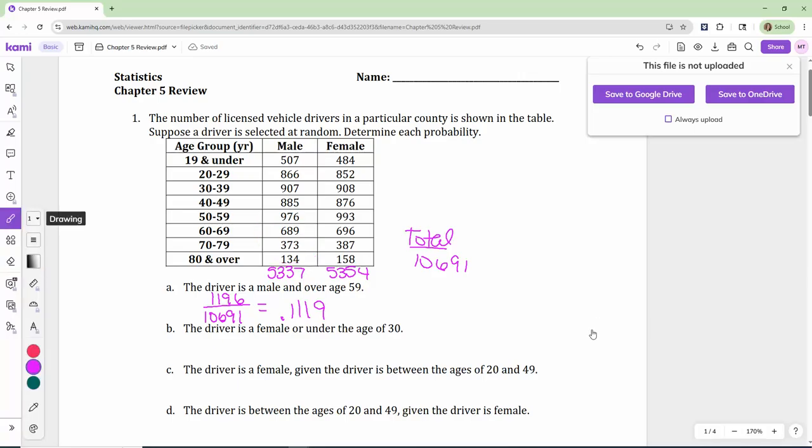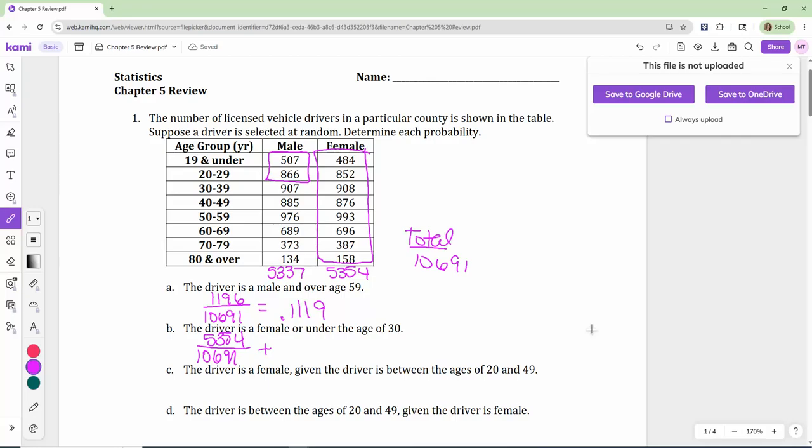Okay. B, the driver is female or under the age of 30. So females, how many females do we have? Or means add. How many do we have under the age of 30? So I could add up everybody, or could we say, I've already added up all these females, so who do I need to add in? Just the men under 30.